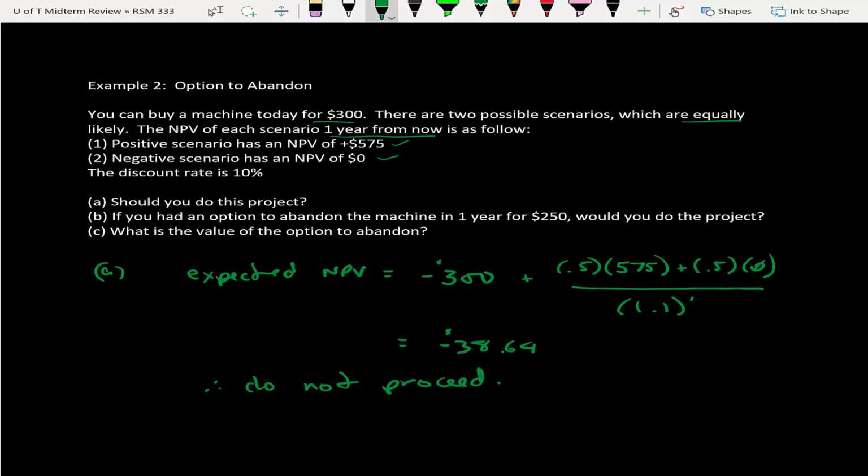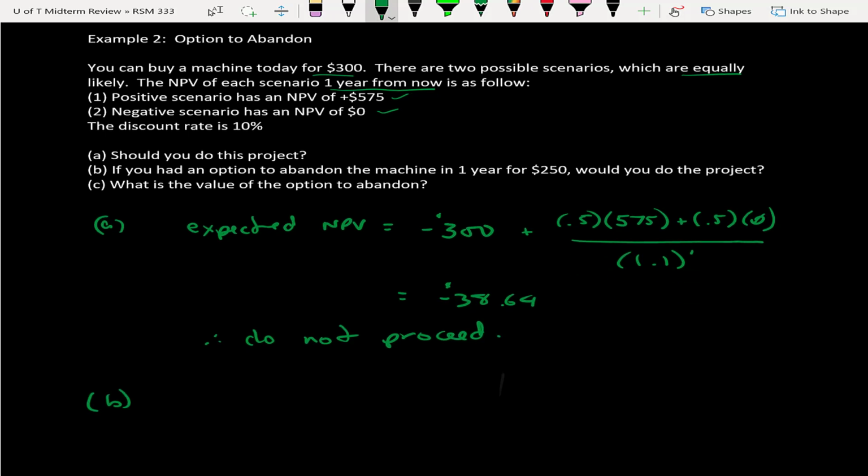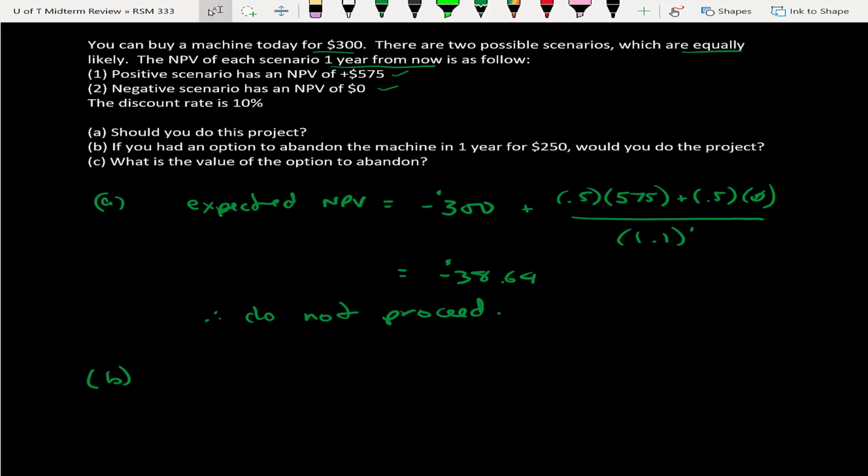Now, the second part says, what if they put in an option to abandon? 1 year from today, you find out you have the option to sell the machine for $250. So if it's successful, you wouldn't sell it because you would take the $575. But if it's a failure, you would sell it instead of an NPV of 0.